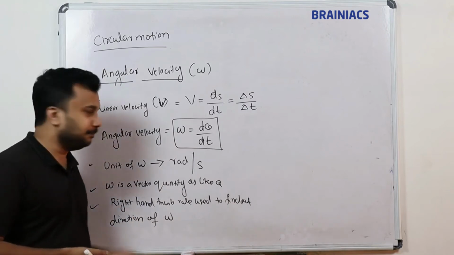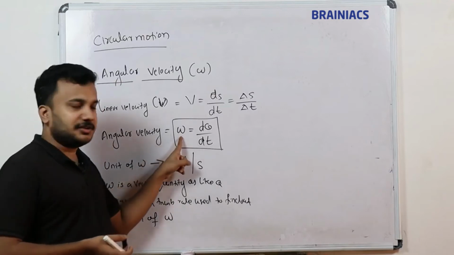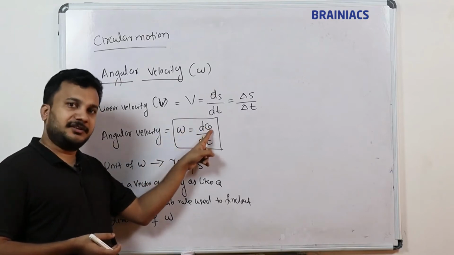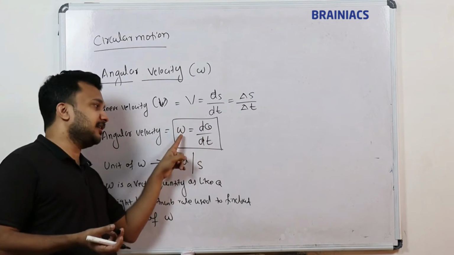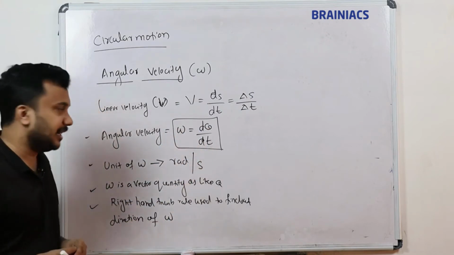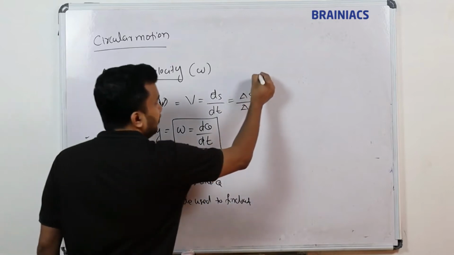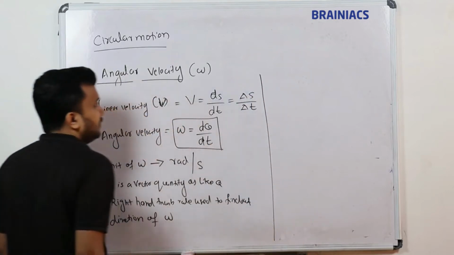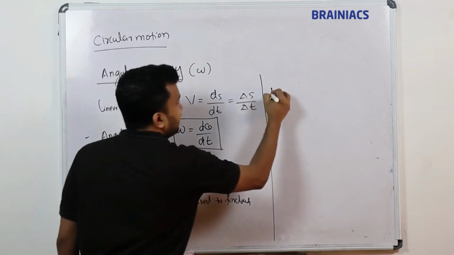Omega and theta have the same direction. How to find the direction of theta? Right hand rule. How to find the direction of omega? Right hand rule, because time has no dependency. Time is independent. Okay, move to the next subheading under this.